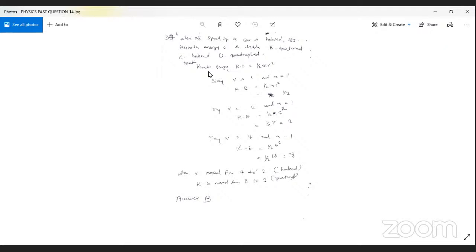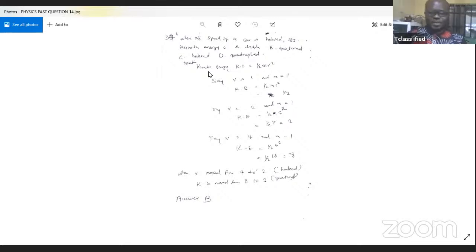When the speed of a car is halved, its kinetic energy is A, doubled, B, quartered, C, halved, D, quadrupled. So in order for you to get this, you need to know the representation for kinetic energy and the relationship between kinetic energy and speed, in order to know what happens to the kinetic energy when the speed is halved. The relationship is that KE is equal to half mv squared.